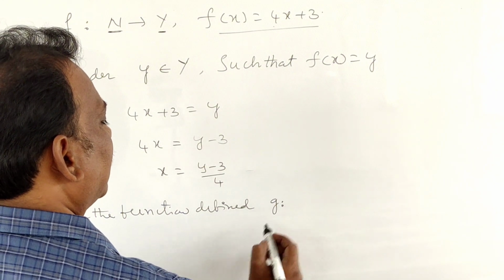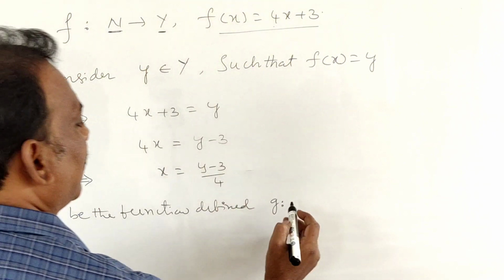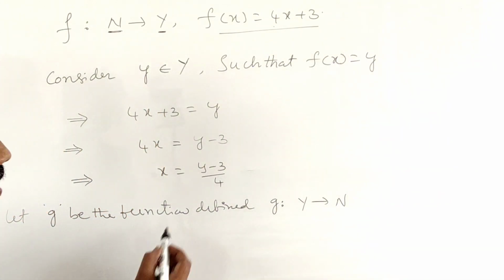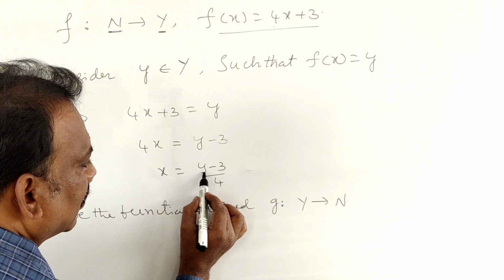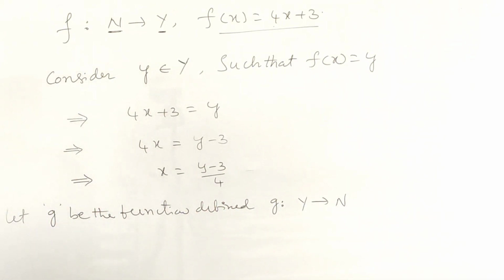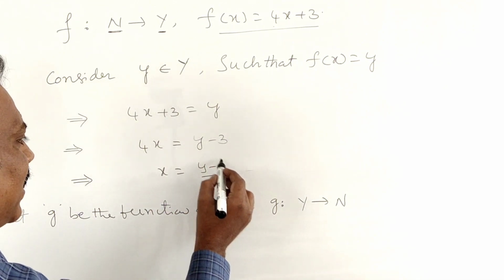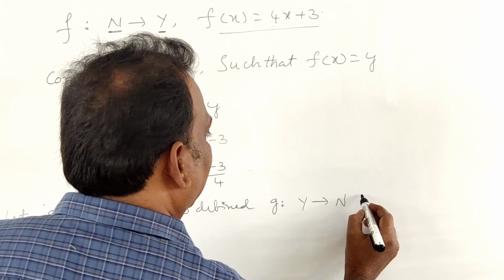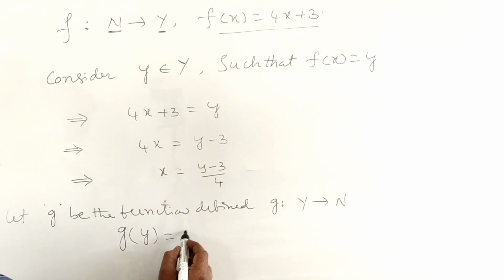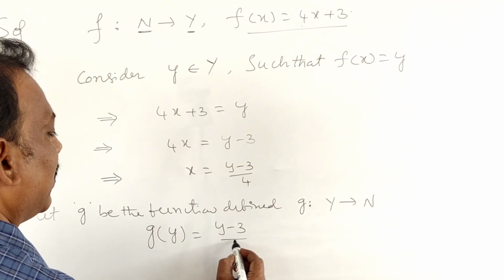F is mapping from N to Y means G is mapping from Y to N, because you are giving input in y, and you are getting output in x, that is nothing but N. So this value we have taken as g of y. That is important, students. G of y is equal to (y minus 3) by 4.